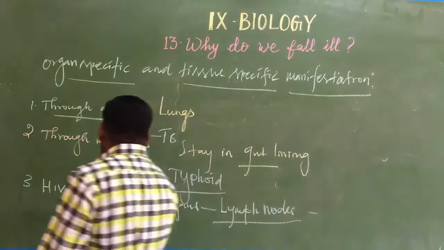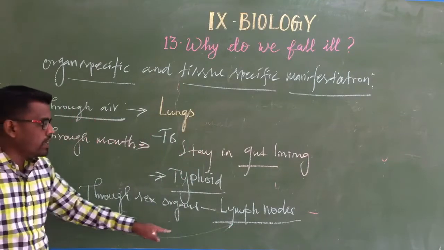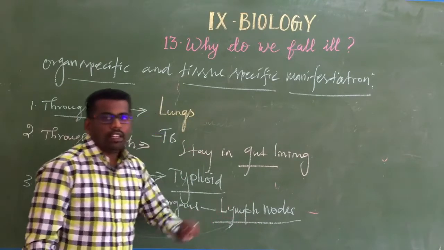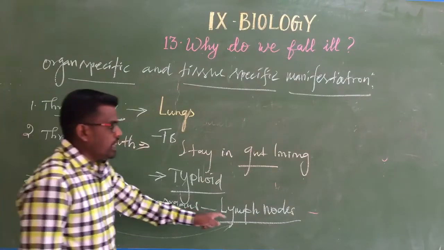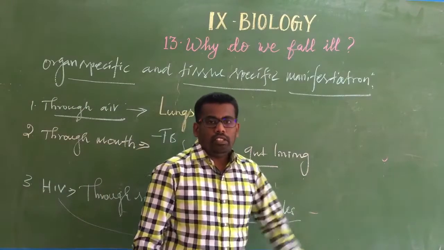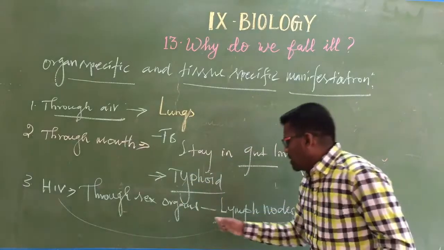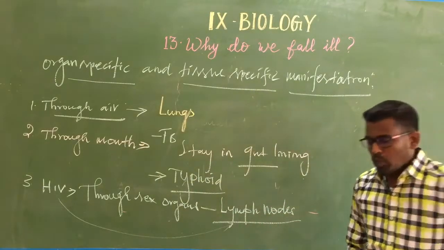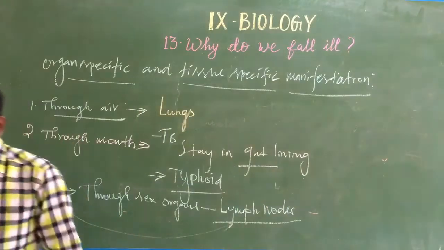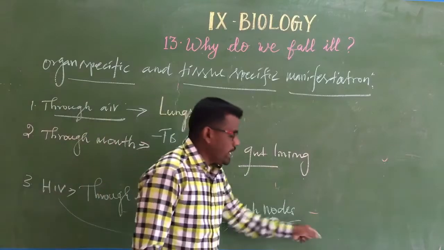In HIV, after it reaches the lymph node, it does not function properly, then we lose our immunity power. What happens then? It spreads all over the body.